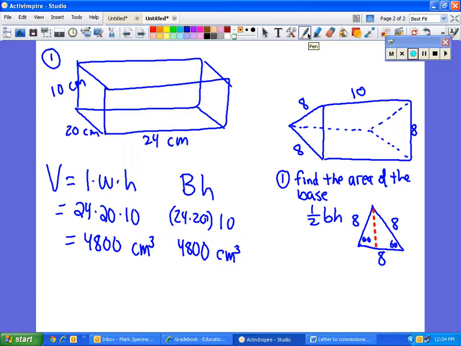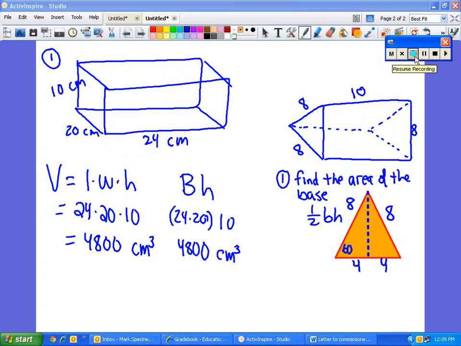So now, what do we know about each of the triangles? Who can tell me one way to find the length of the height?